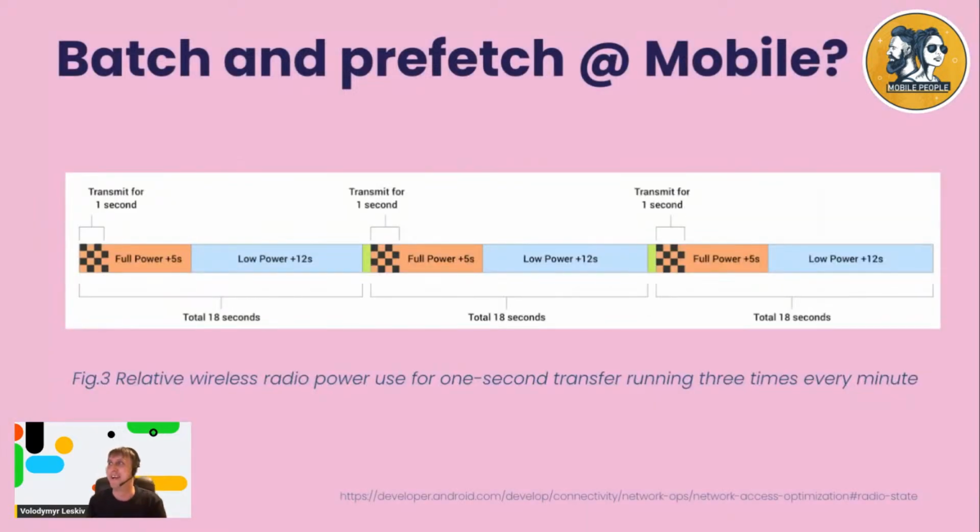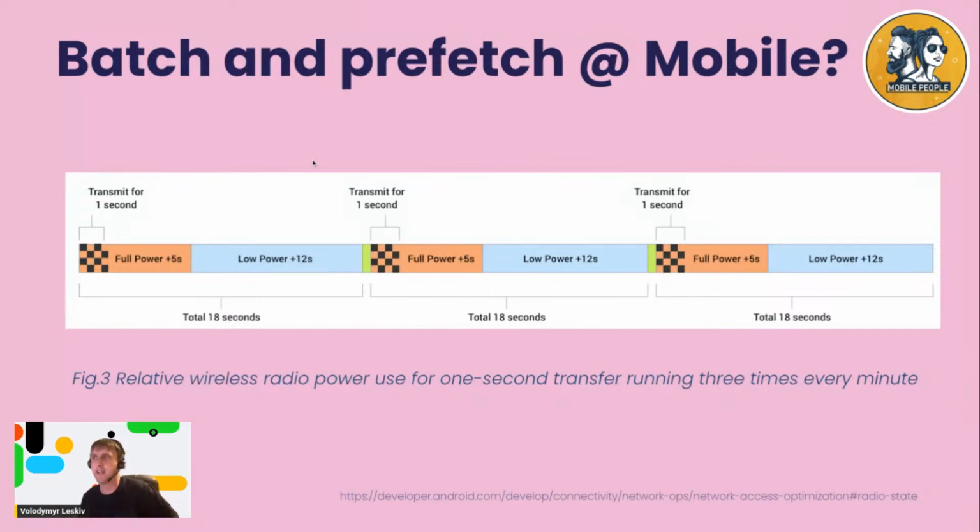Why? In the next picture, imagine, we just mentioned 17 seconds. If you send some requests each 20 seconds, then you obviously will drain your battery a bit worse than if you would just batch these requests.